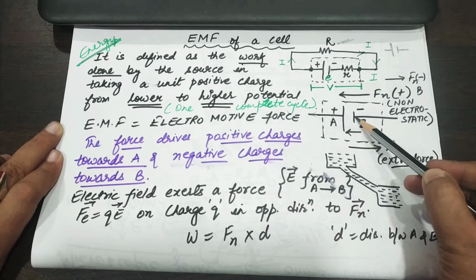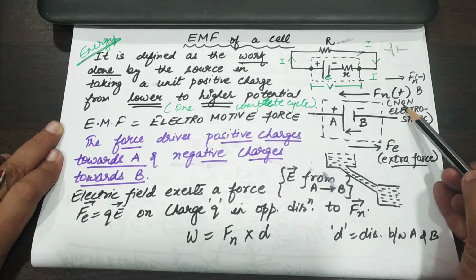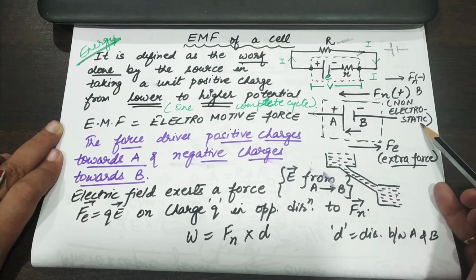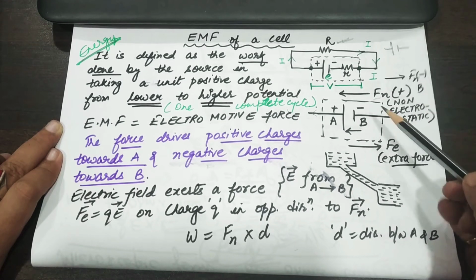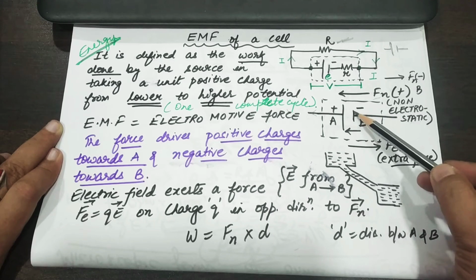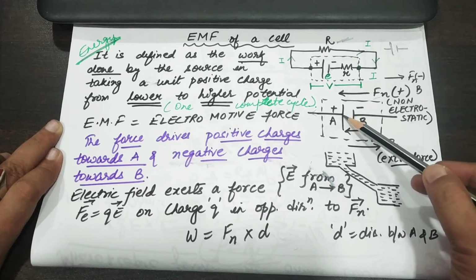So let us consider that there is some force, and this force is of non-electrostatic origin. Any force that will not depend on charge. This force is exerted and the charges are moving from negative terminal to positive terminal.